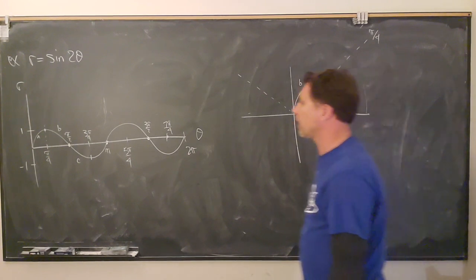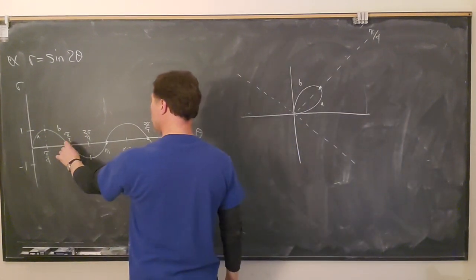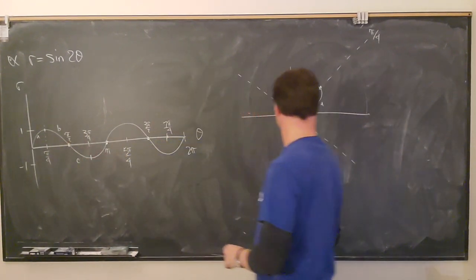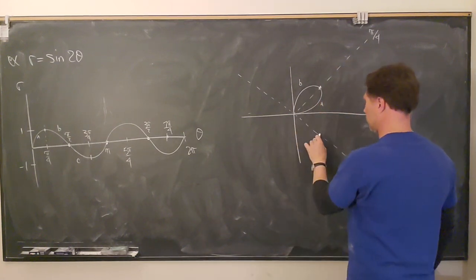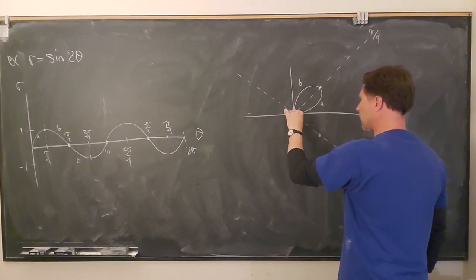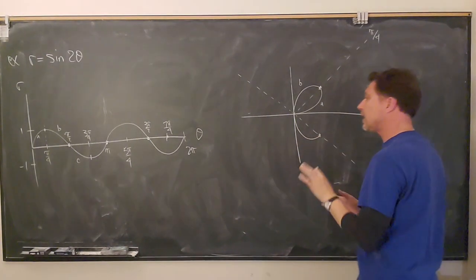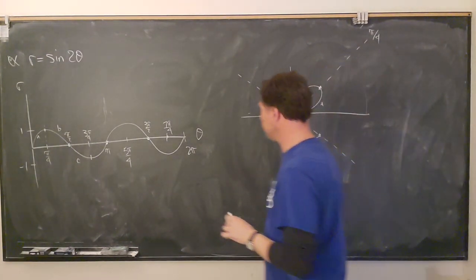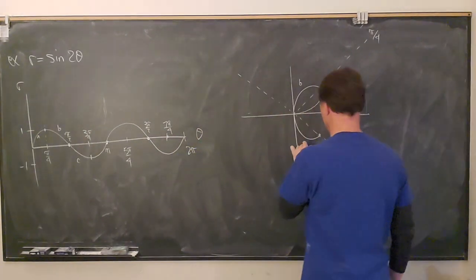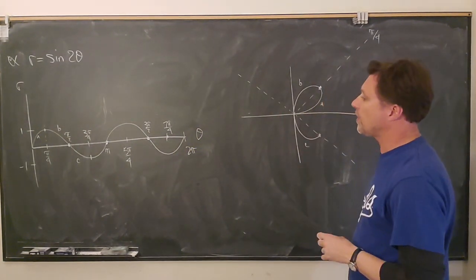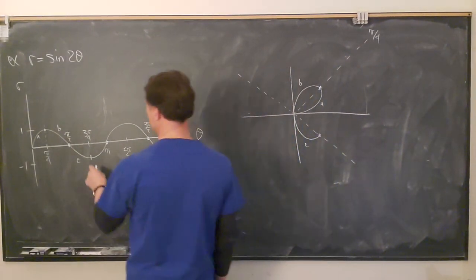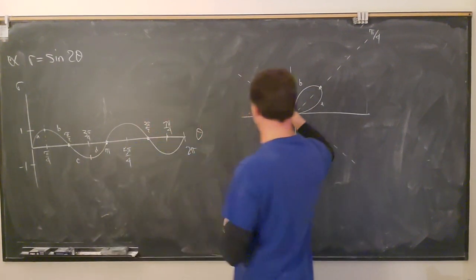And what's happening? Well, the radius is going from 0 to minus 1. So we're going to be going from 0 to minus 1, right? The radius is negative. So that's part C.